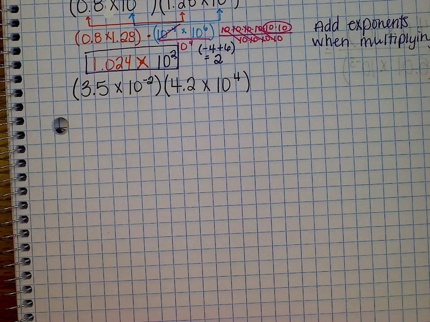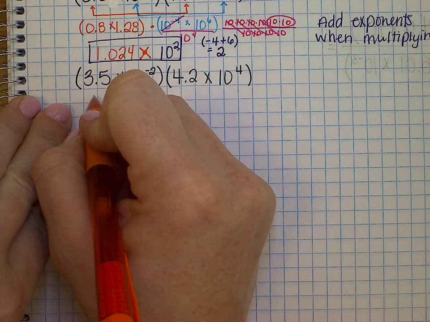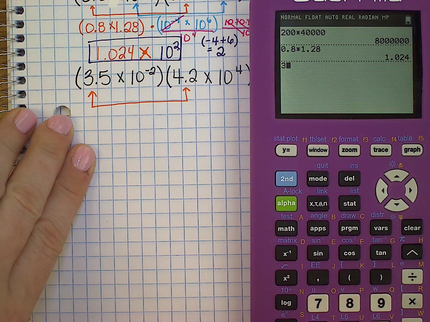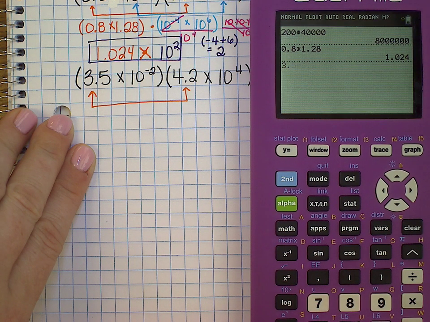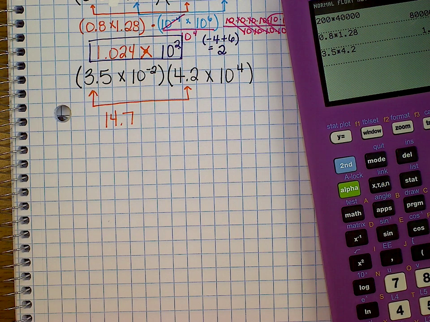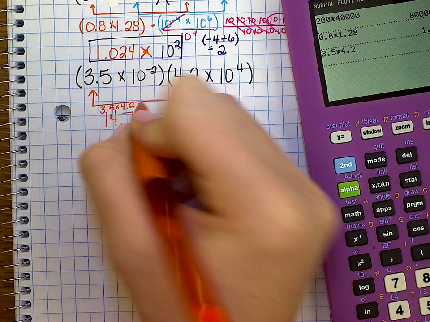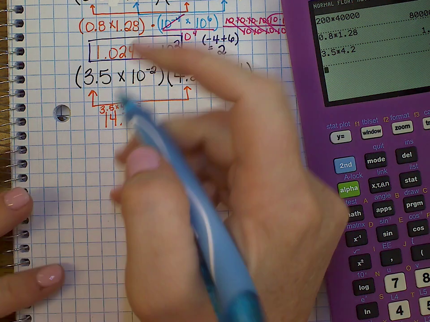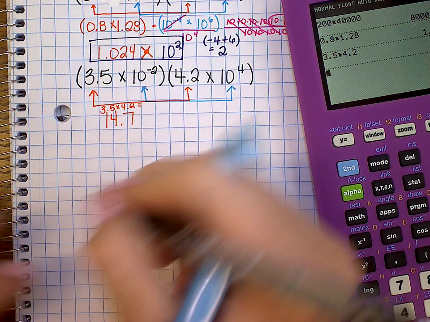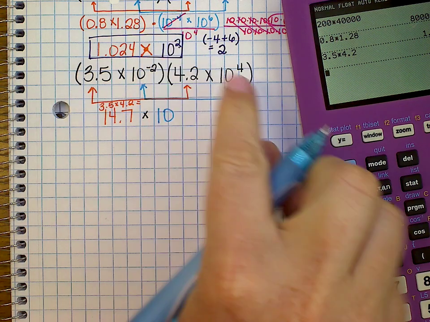This next one has one extra step to it. So again, take 3.5 and multiply by 4.2. So 3.5 times 4.2 is 14.7. And then add your exponents.